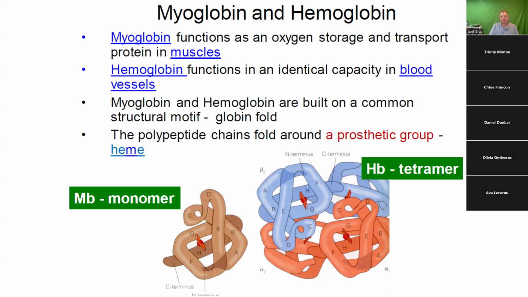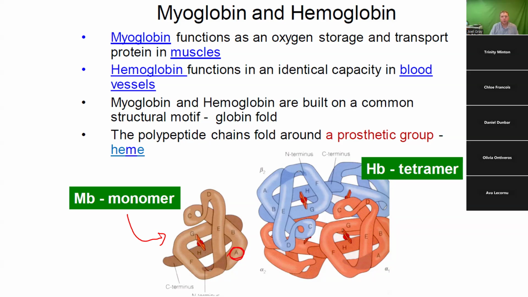If we look at myoglobin right here, it is a monomer. Now, give me a 1 if you can see the letter A that I've just circled. Okay, great. Now, this A corresponds to an alpha helix.